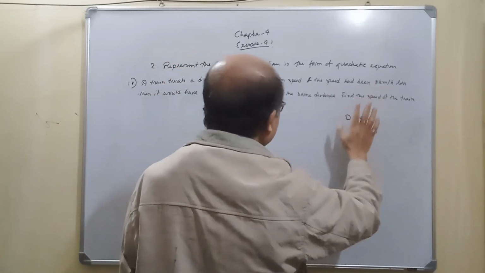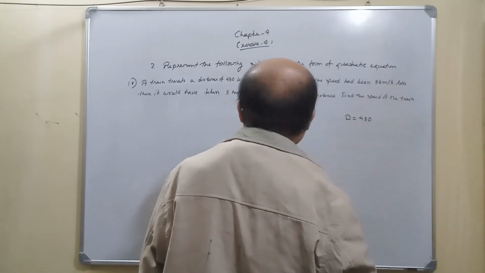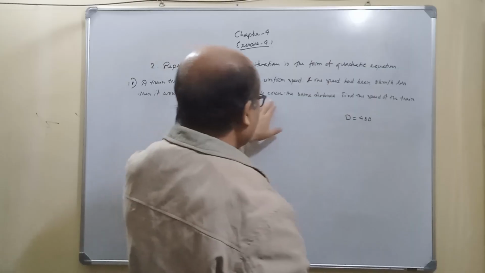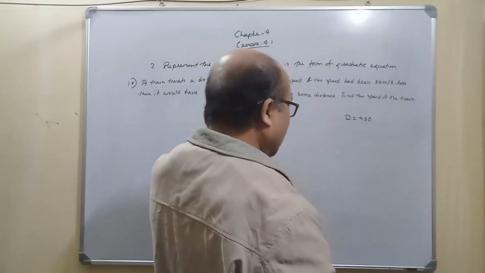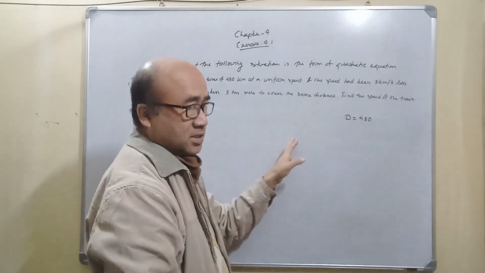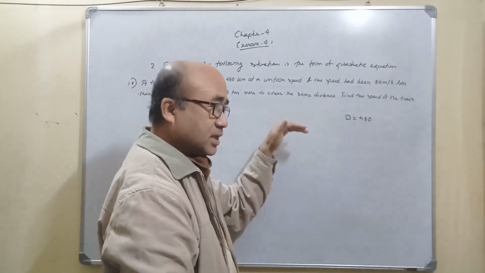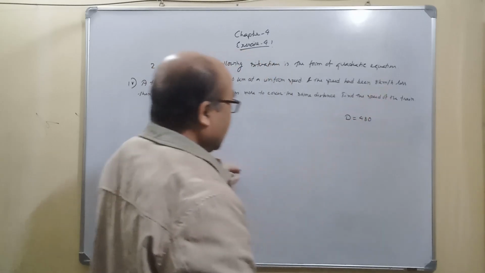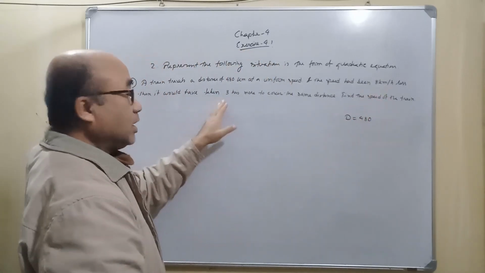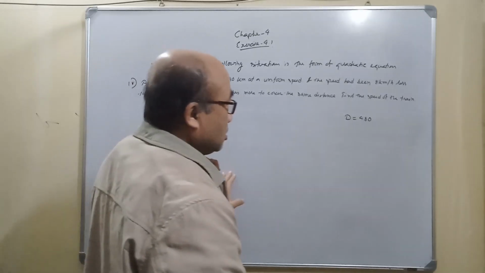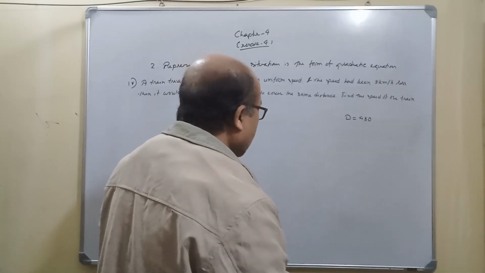If the speed had been 8 km less, it would have taken 3 hours more to cover the same distance. So suppose the current speed is x. If you reduce x by 8 km, then it would take 3 hours more. So what does that mean?